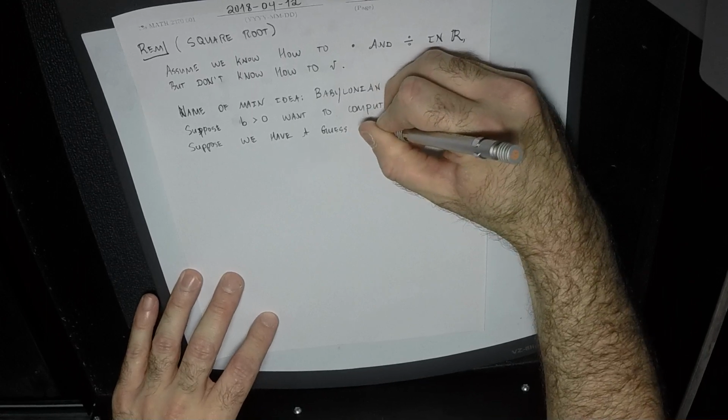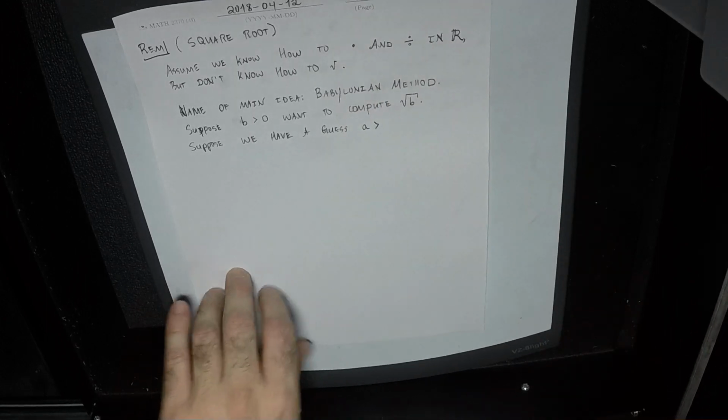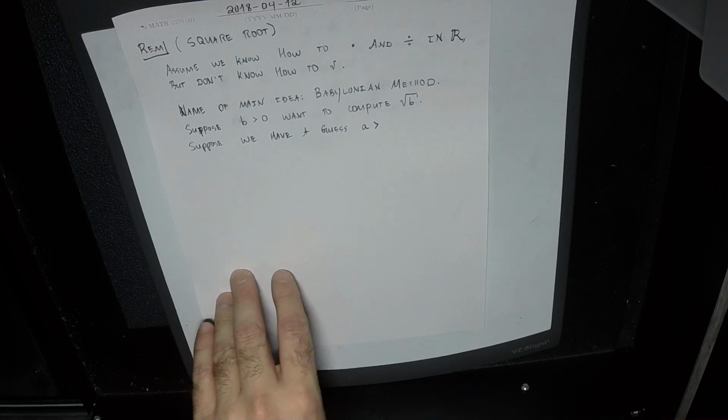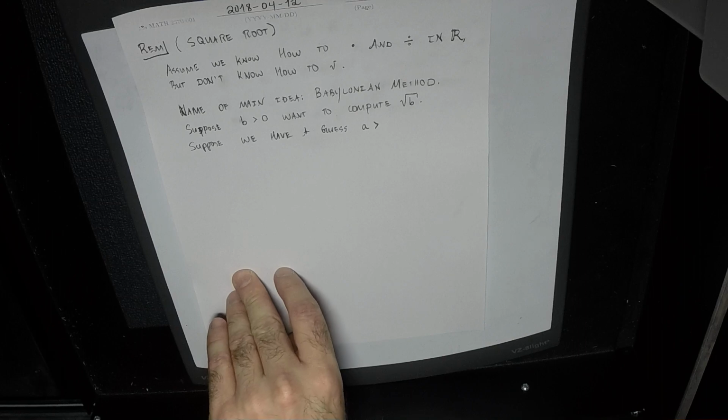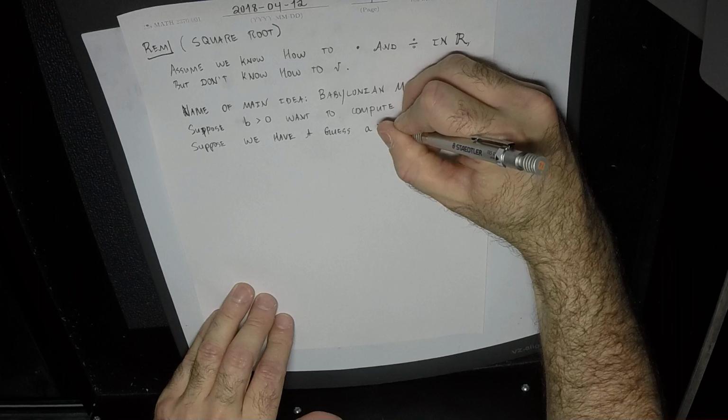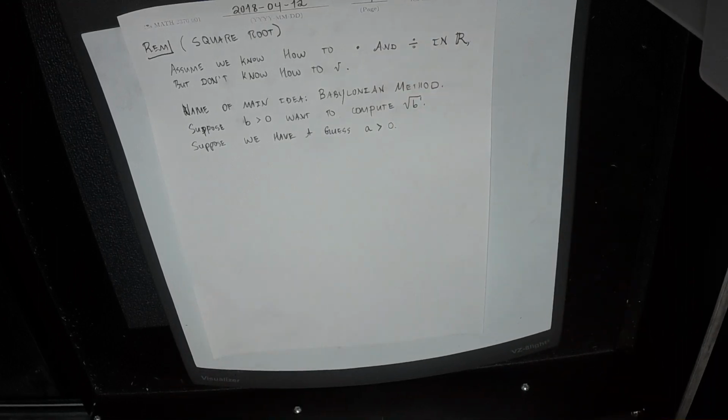Even though we don't know how to compute square roots, we are intelligent enough to choose a positive guess. So now there are three possibilities concerning our guess: it's either too small, or exactly correct, or too big. There are no other possibilities.